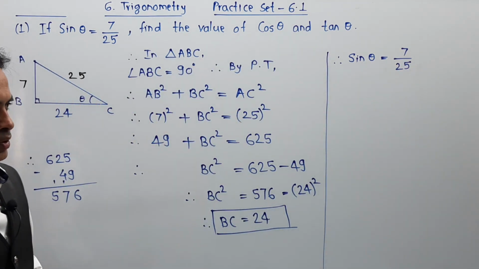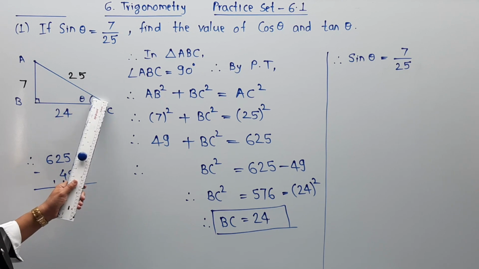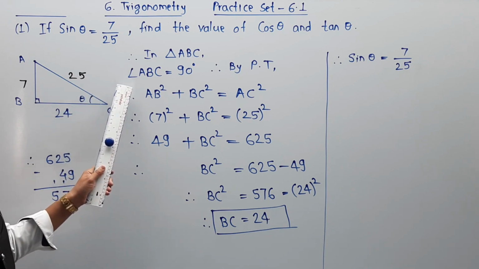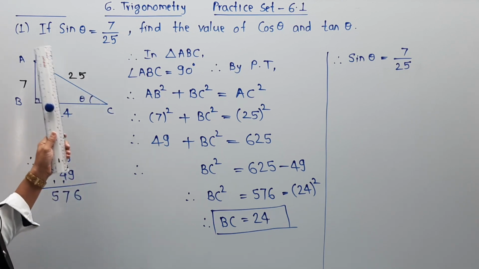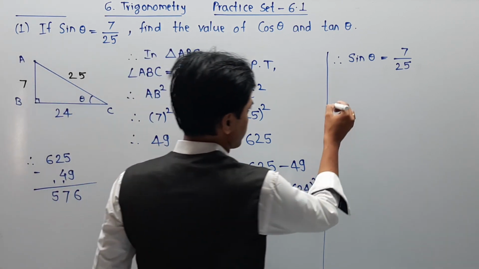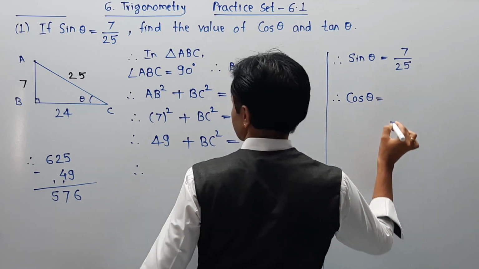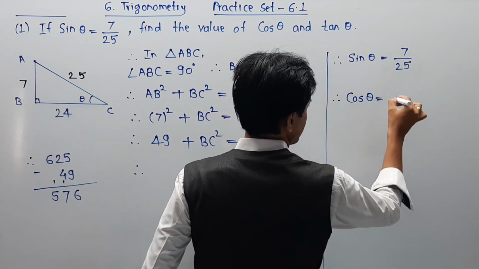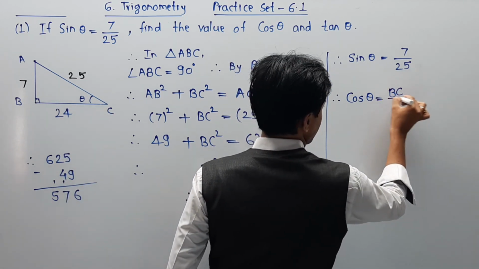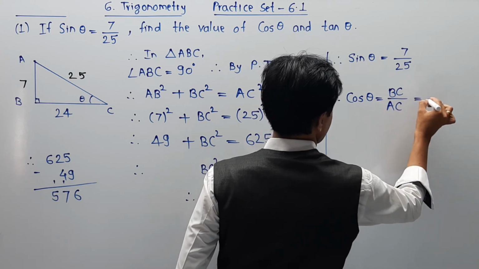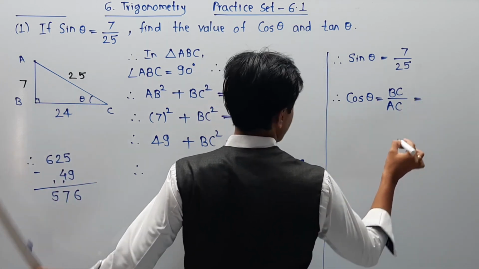Next, the second value, cos theta. Cos theta means adjacent side upon hypotenuse, therefore BC upon AC. That is nothing but 24 upon 25.